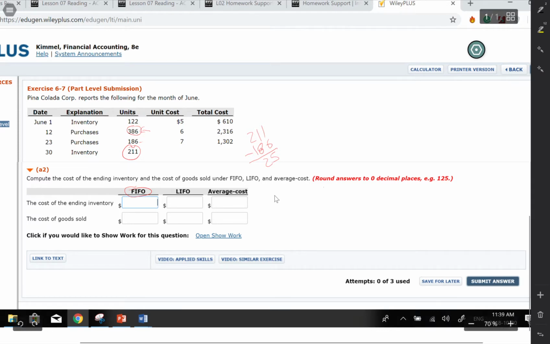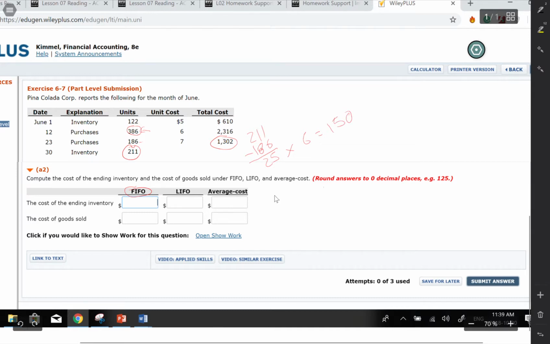So we already know that the 186 units were $1,302, and the 25 units at $6 a unit equals $150.